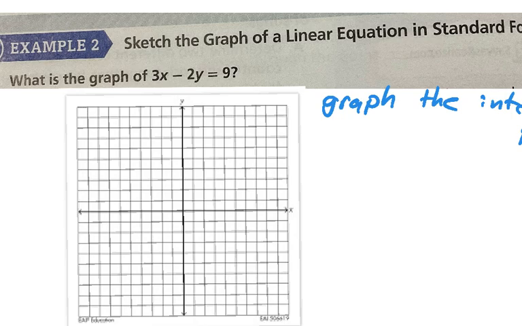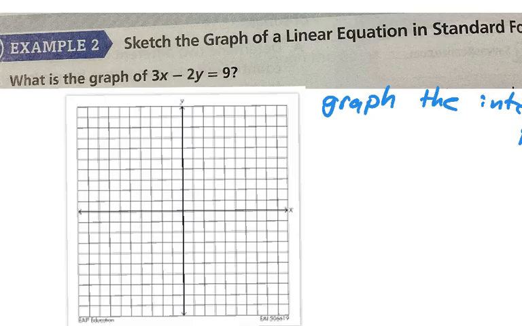Let's see, here's a point, this is the point 1, 0. The y is 0. If a point is on the x-axis, the y value is 0. You buying that?